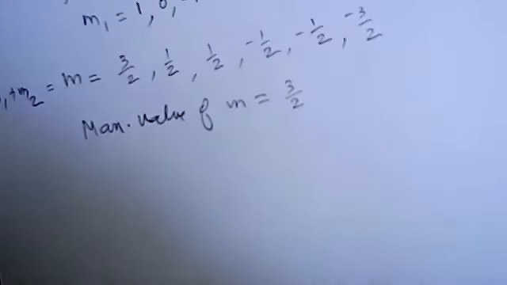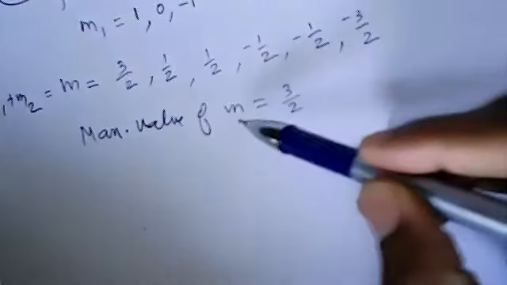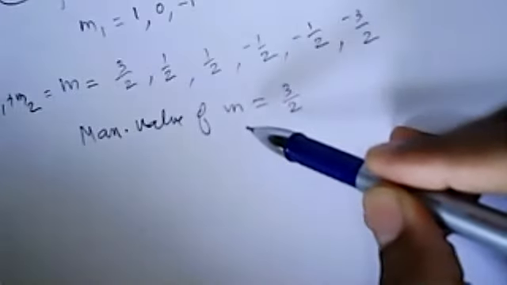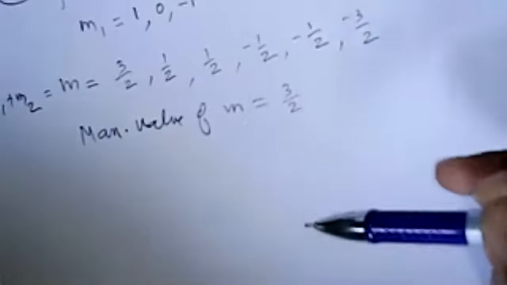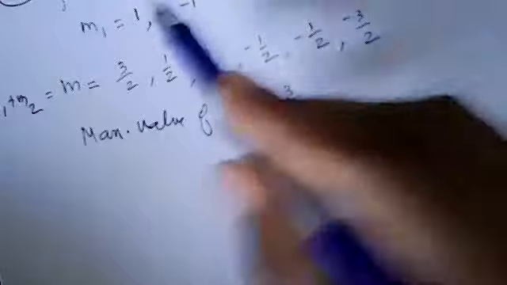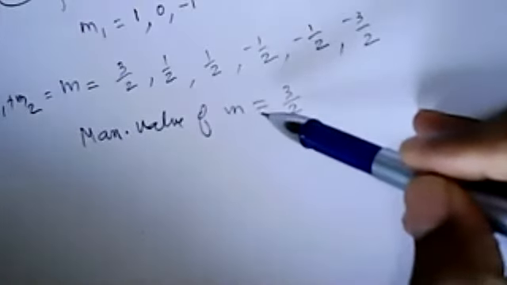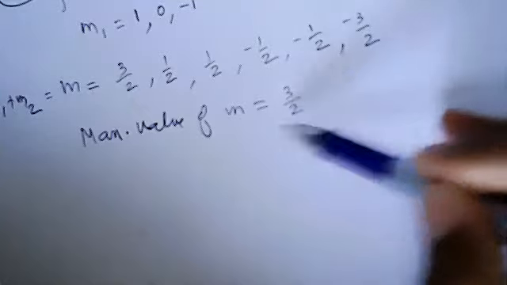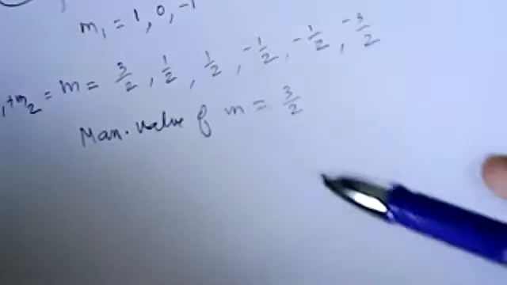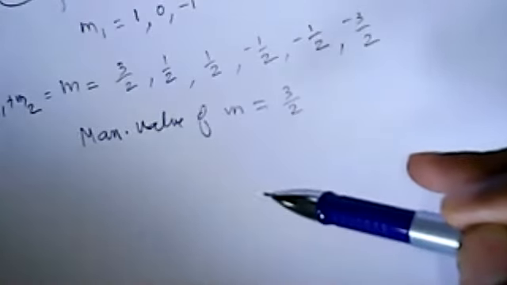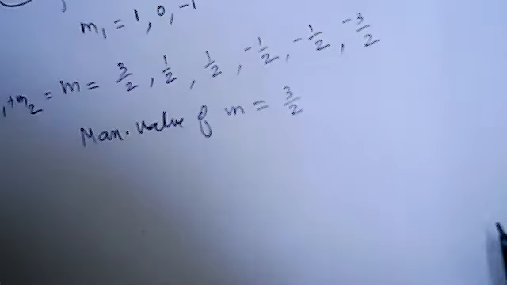Actually this M equal to 3/2 is the component of J. When J1 and J2 are added, we get J. So M equal to 3/2 is the component of J. Is that clear? So one of the J values must be 3/2.